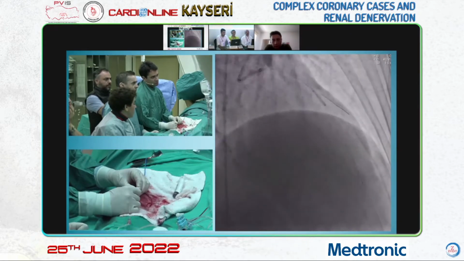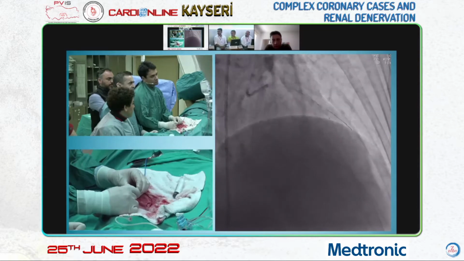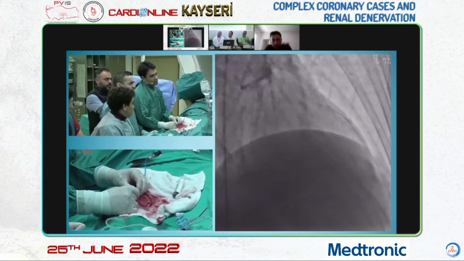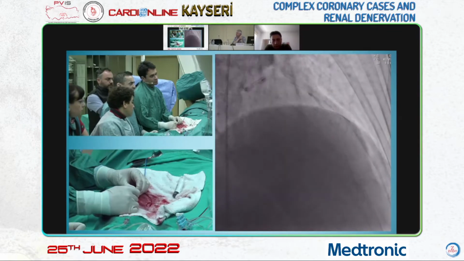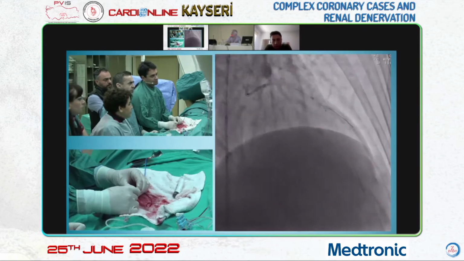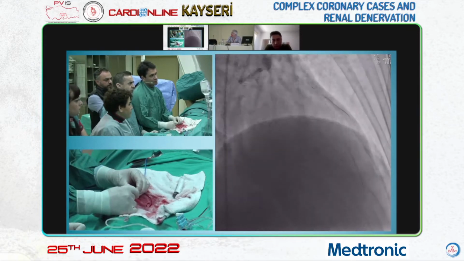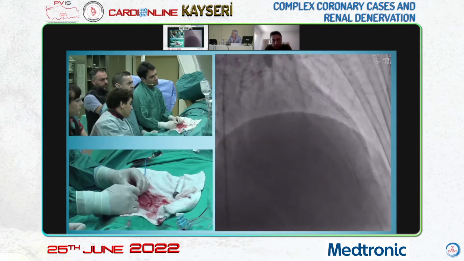The diameter is 3.5. We are waiting for the IVUS. I think in CT angio, it was done previously. Therefore, we could see the lesion from end to end. Maybe this has a handicap.